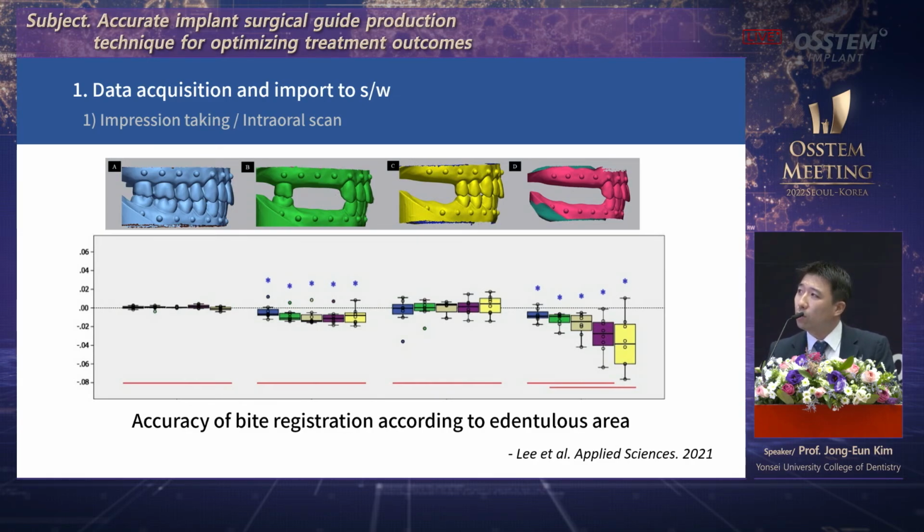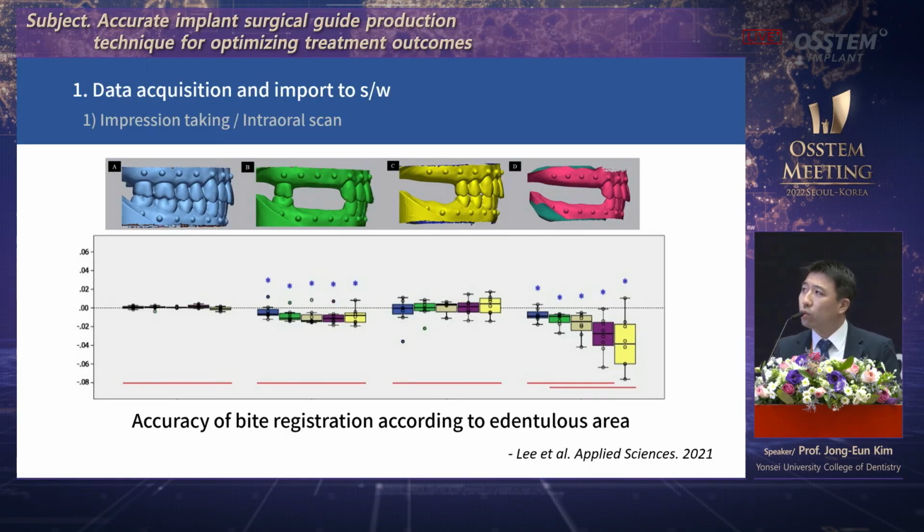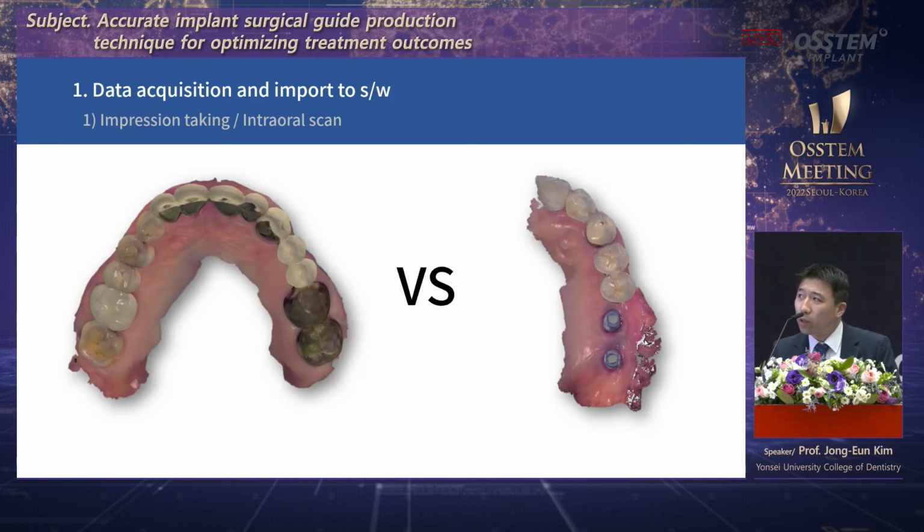In the case of bite registration, if the edentulous span is long, if there's dentition up to premolar, it's better, but if there's no teeth after canine, bite stability goes down. Another issue is that how long do you do it and the scope.